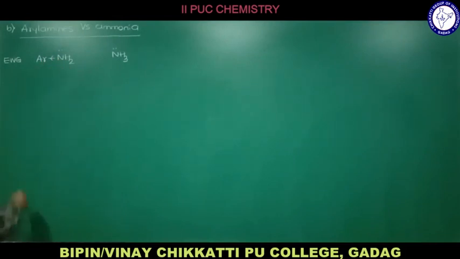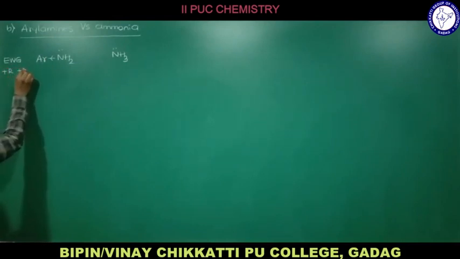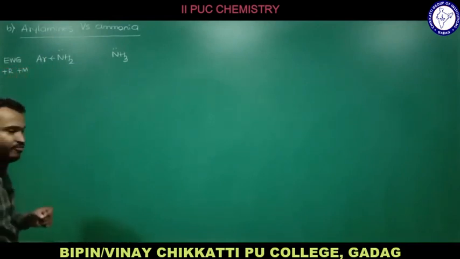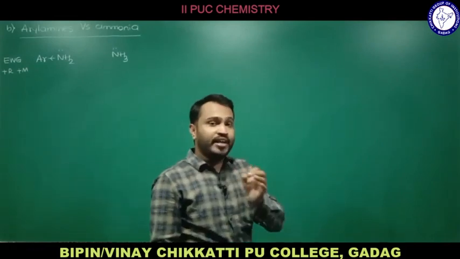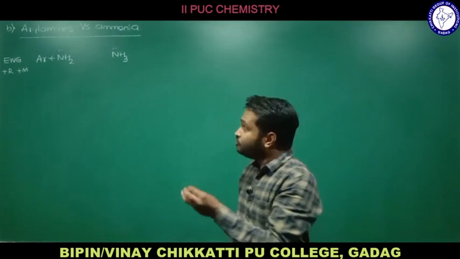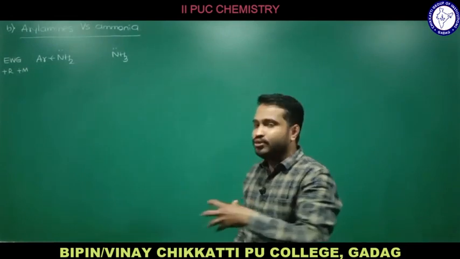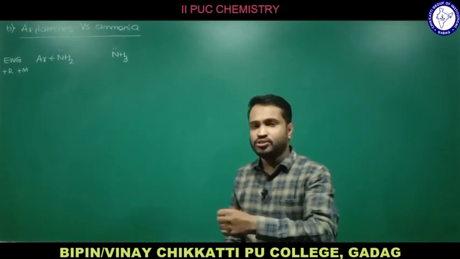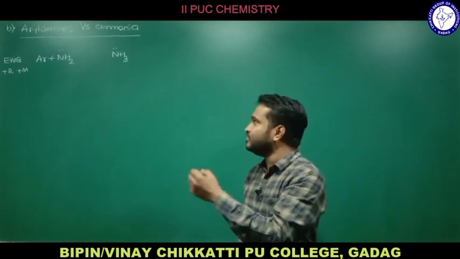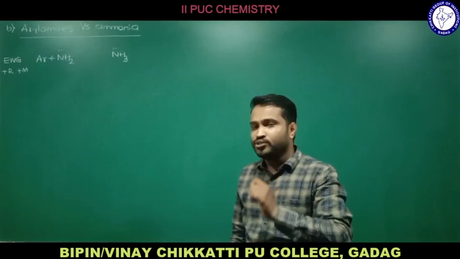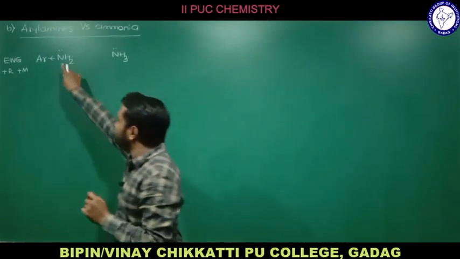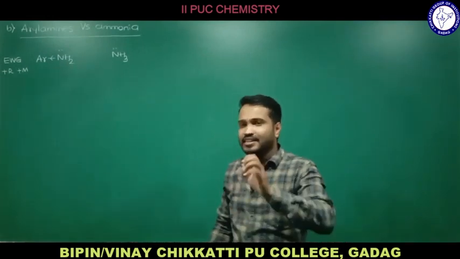This effect is considered to be the plus R effect, or you can call it the plus M effect also, the positive resonance effect, or the positive mesomeric effect. So since there is a presence of an electron withdrawing group, the lone pair on the nitrogen is going to be withdrawn by that group. Because of that, the electron density on this nitrogen decreases, isn't it?